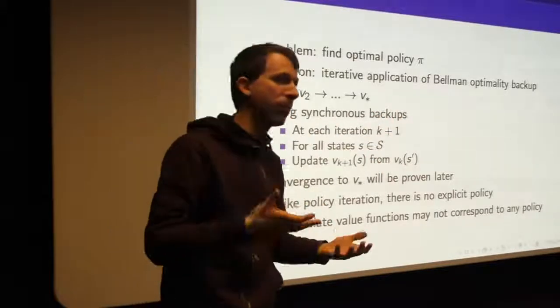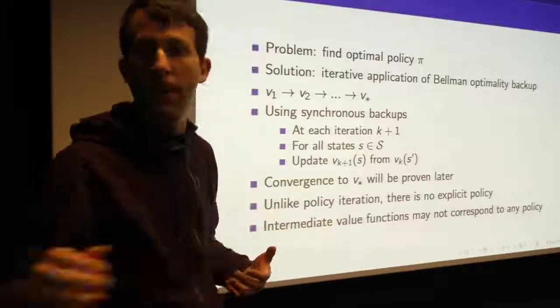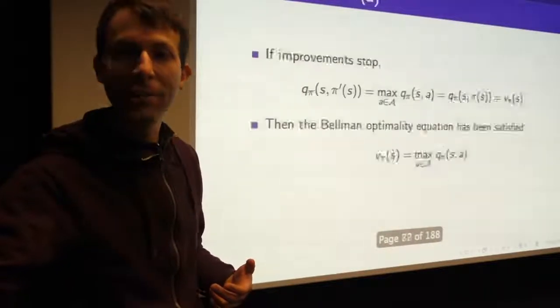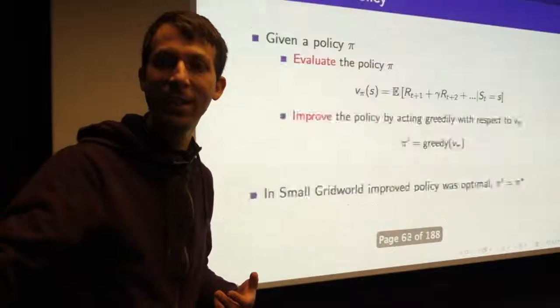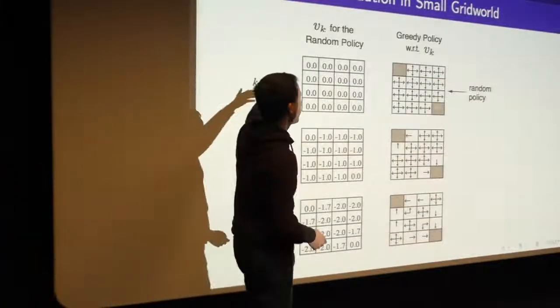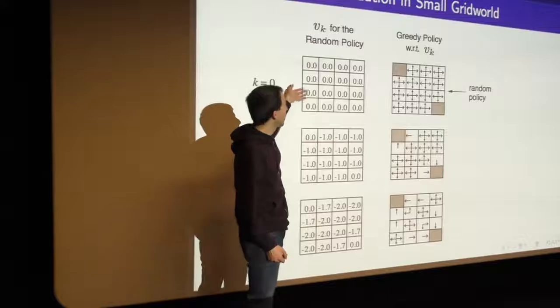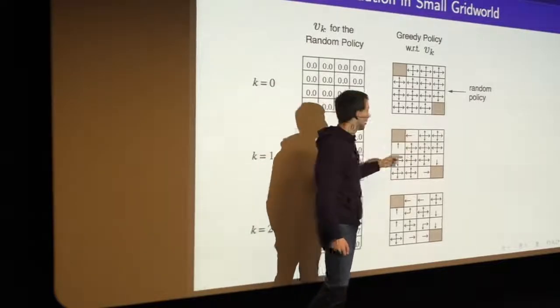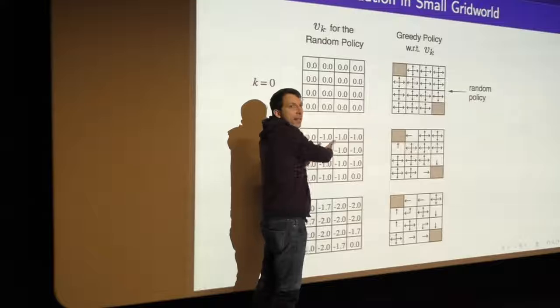It's more like modified policy iteration. If we go back to the small grid world again, sorry I keep going backwards and forwards through these slides, it's more like you just do one step of evaluation and then immediately act greedily with respect to it. What's the semantics of this value function?